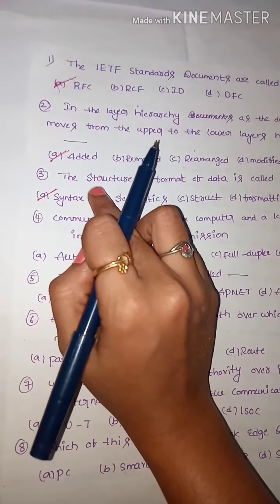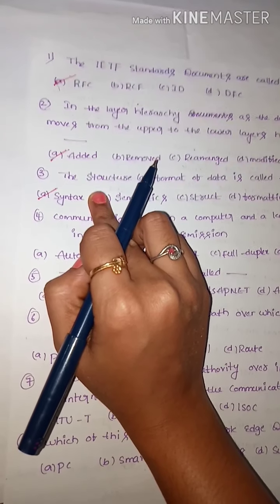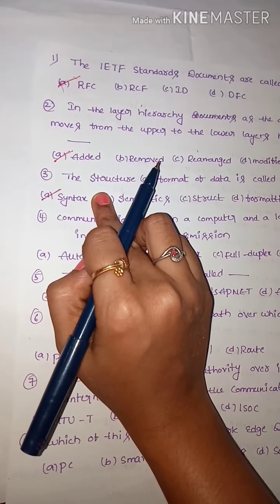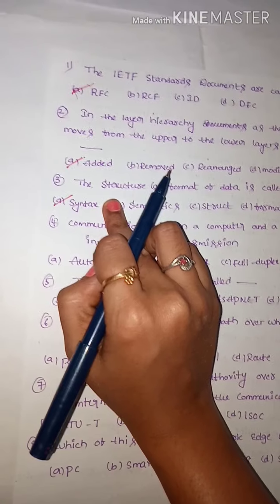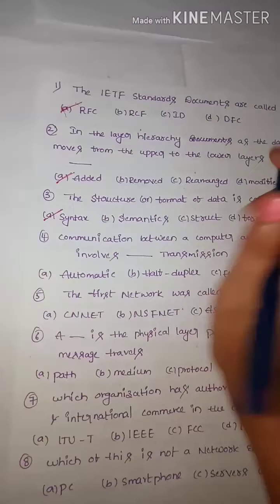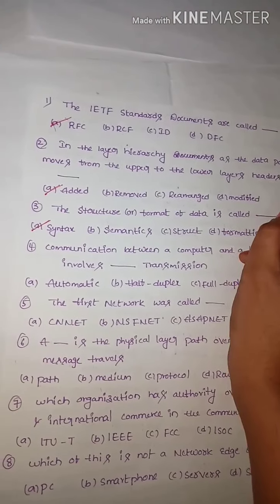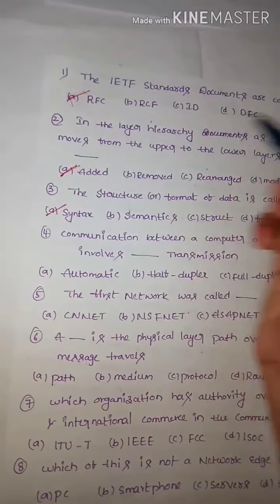I explained the OSI model in a network layer. The IP header is added over a transmission control protocol TCP header on the data package that comes from the transport layer. So the headers are added. The answer A is the correct answer.